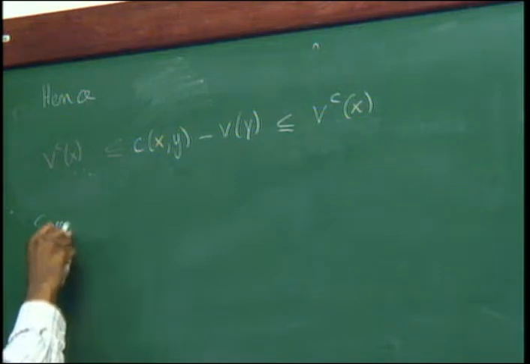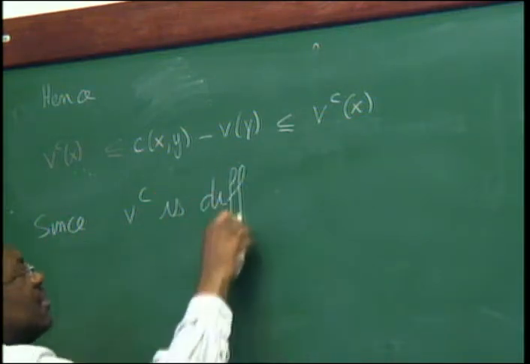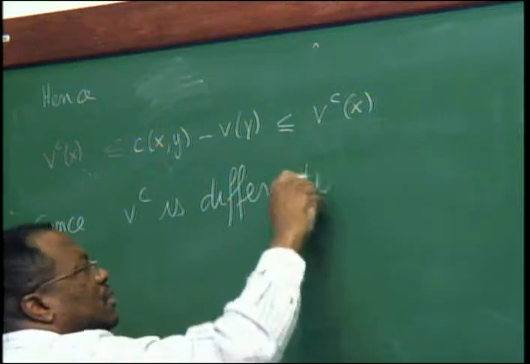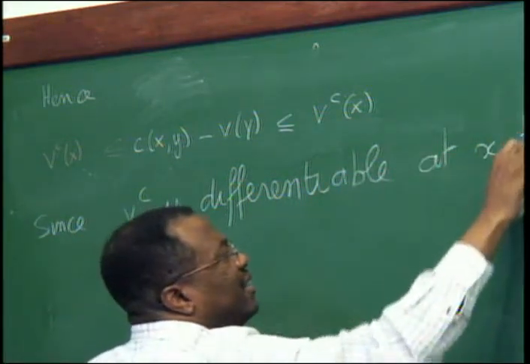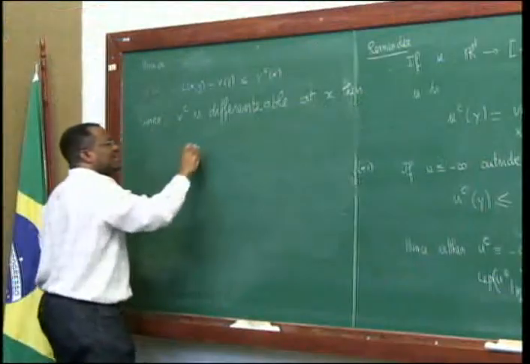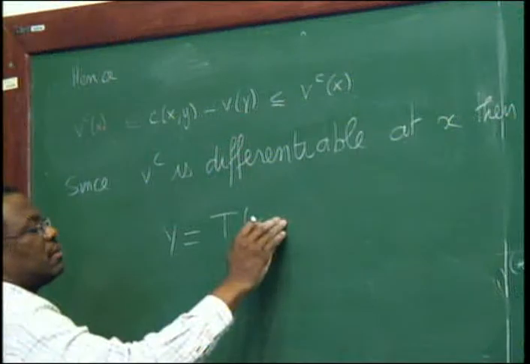Since Vc is differentiable at x, then y is necessarily T of x.